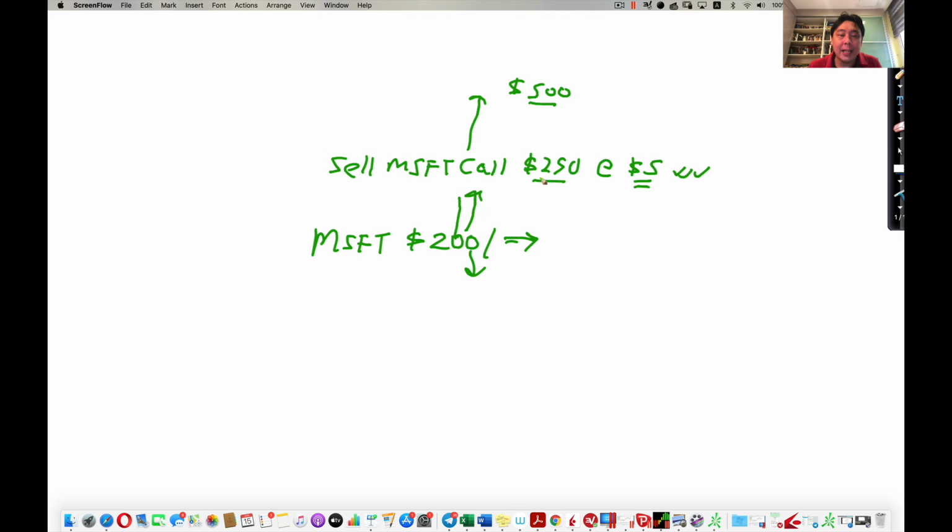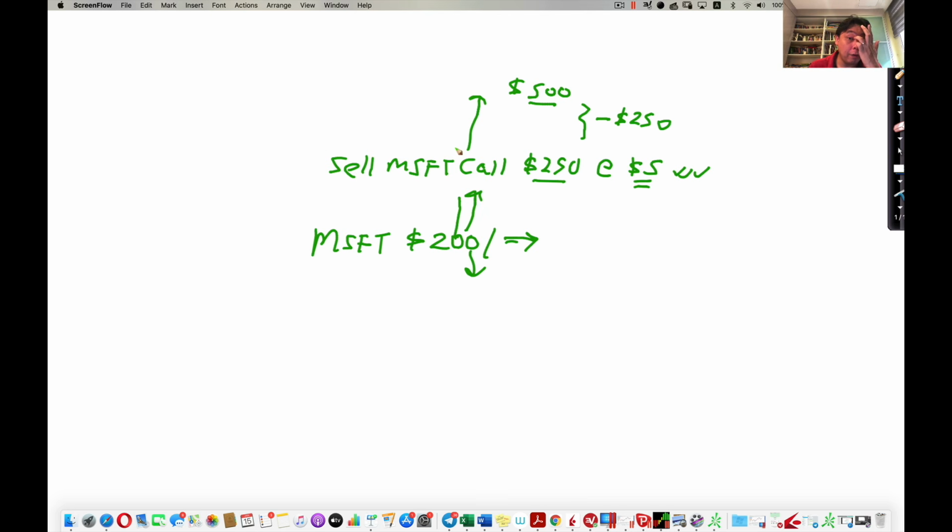But what if he doesn't have the 100 shares? Then he's forced to go into the market to buy the 100 shares at $500 and deliver it to the call buyer at $250. So imagine you have to buy the shares at $500 and sell it at $250. So you would make a loss of $250.